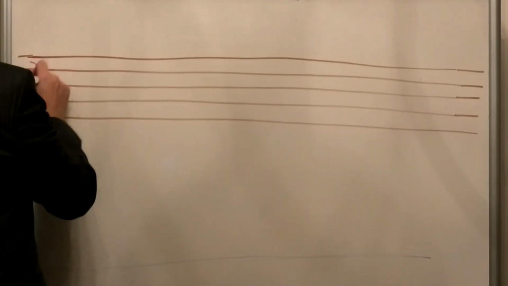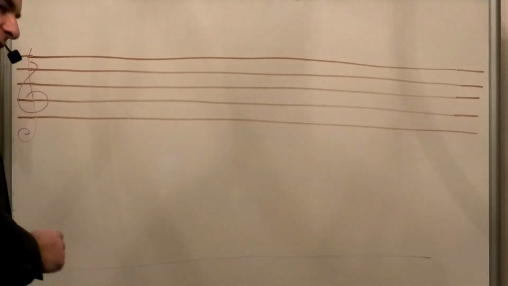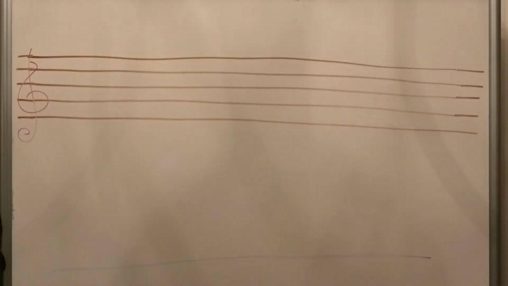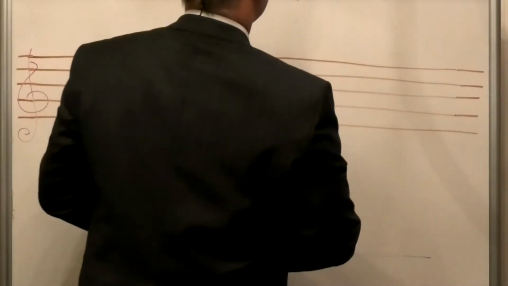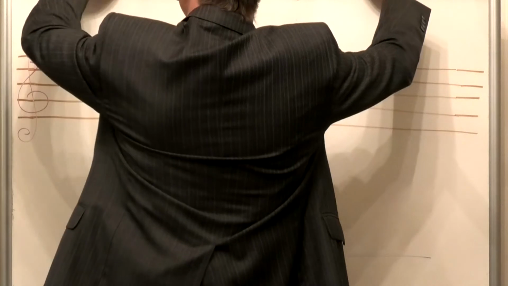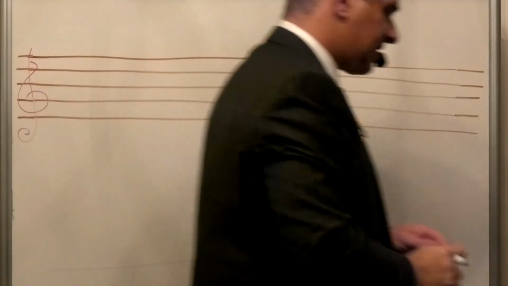We put a treble clef here. You can put a treble clef on your staff there. Make sure you take notes here. Let's use the key of C, since we have a rule of intervals anyway. Here's the key of C.